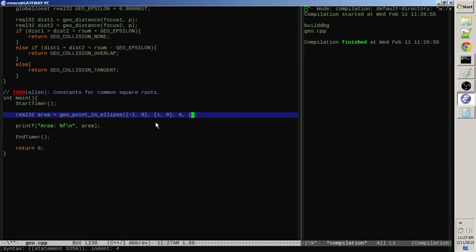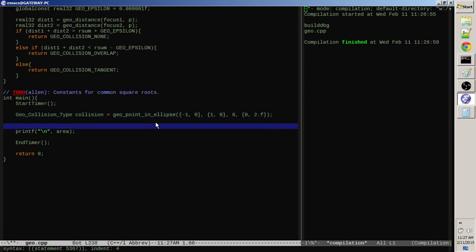We know that it should be inside of this ellipse. Actually, we don't necessarily know that, but I know that because I did math on this particular ellipse at one point yesterday. And then what we want is geo collision type. We'll switch on the collision.